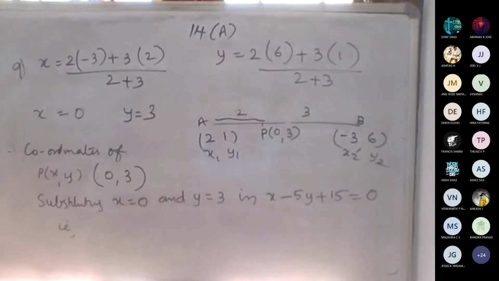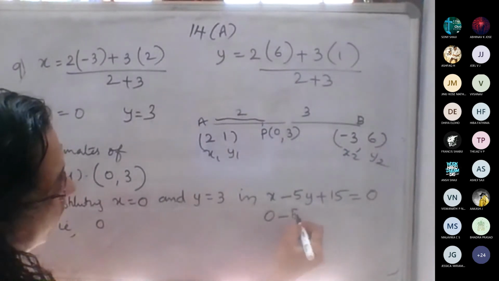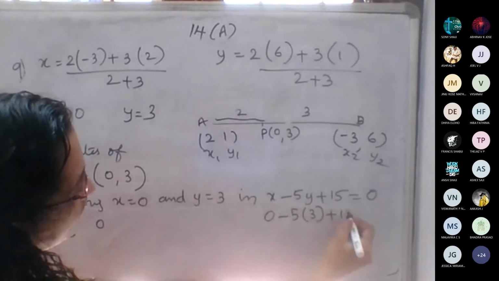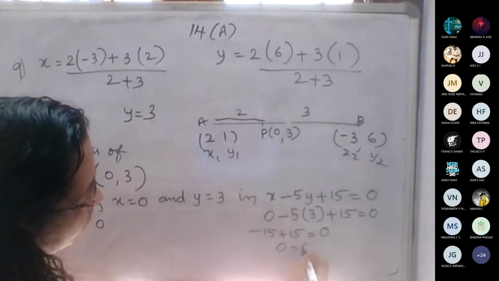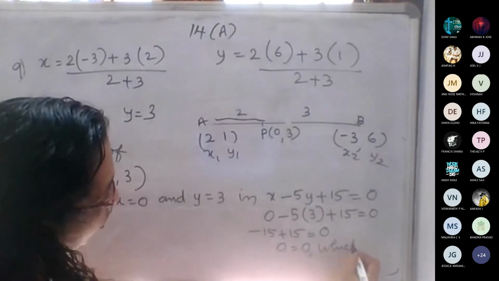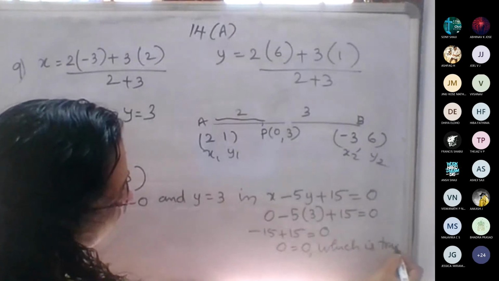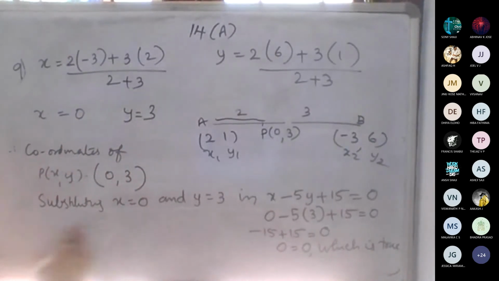Check whether it is true or not. x is equal to 0 in this equation. That is 0 minus 5 into 3 plus 15 is equal to 0. That is negative 15 plus 15 is equal to 0. That is 0 is equal to 0, which is true.